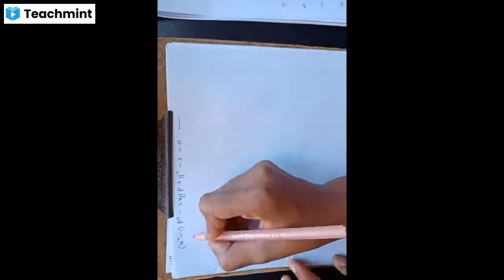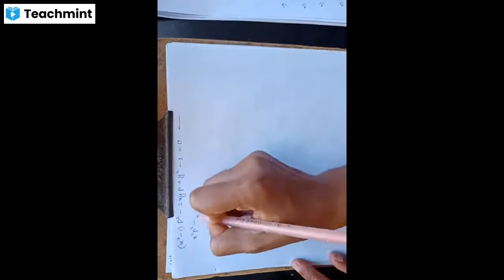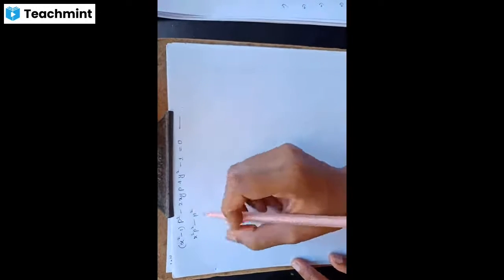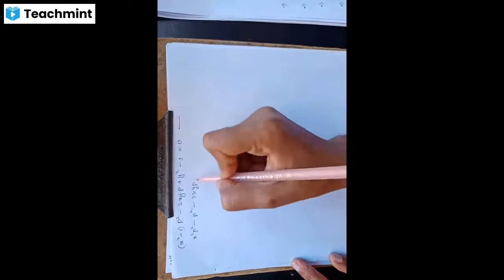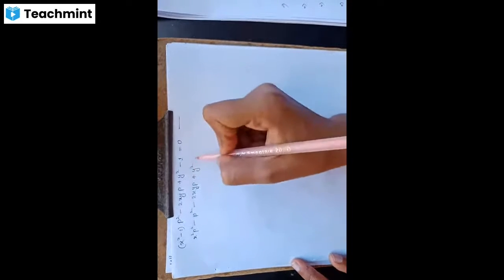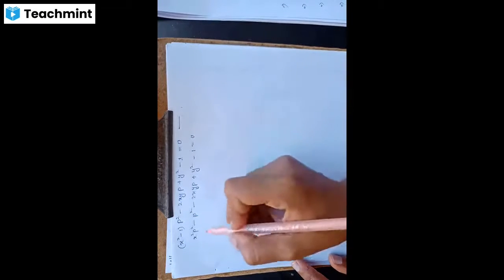So I first expand this: x²p² − p² − 2xyp + y² − 1 = 0.